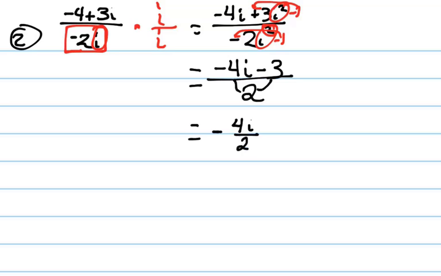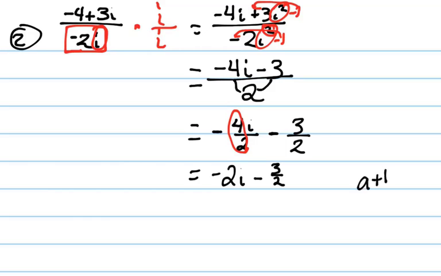This minus sign will drop down in front. 3 divided by 2. 4 over 2 can reduce, so we're going to go ahead and simplify it. That gives me -2i minus 3/2. And we want it in that format of a plus bi, so that's going to be -3/2 minus 2i. And you are done.